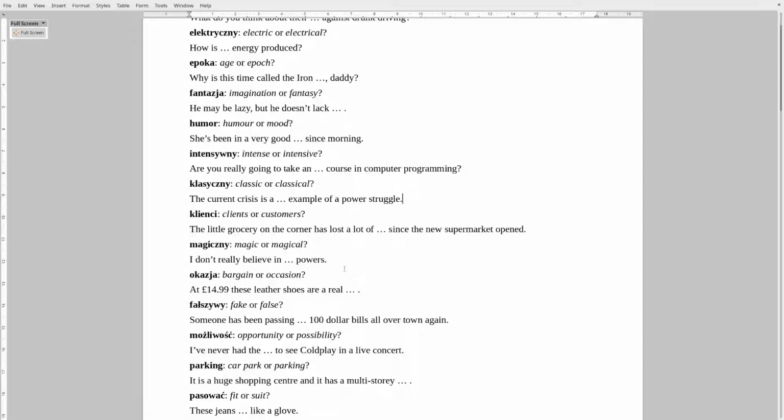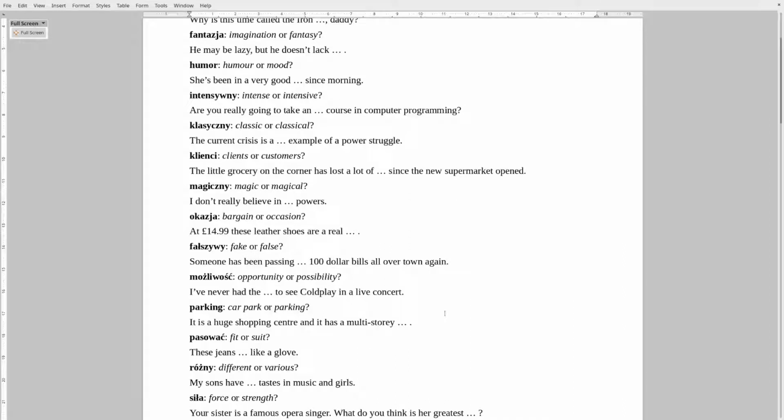The little grocery on the corner has lost a lot of customers. Magiczny, magic or magical. I don't really believe in magical powers, right? And again, this will largely be a question of collocations. Okazja, bargain or occasion. At $14.99, these leather shoes are a real bargain, right? When we talk about something cheap, yeah, or something of good quality that has a reasonable price.